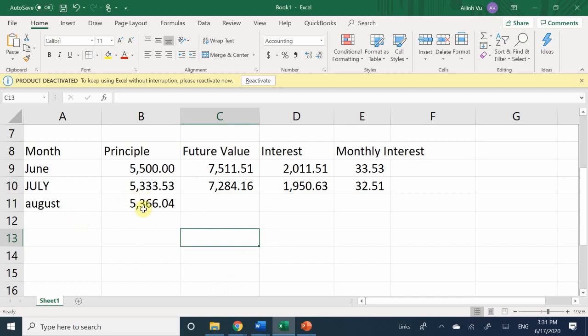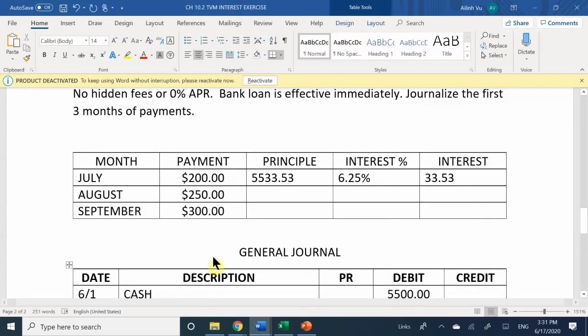We're going to add this into our box again. So 5336.604. So my new principal is 5336.604, for the same amount, 6.25%. And my interest is now $32 and is it 51 cents?